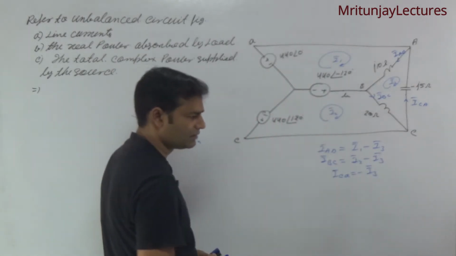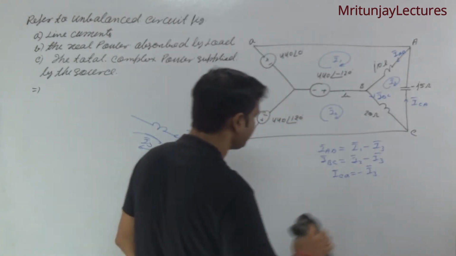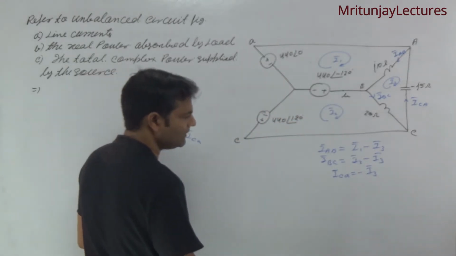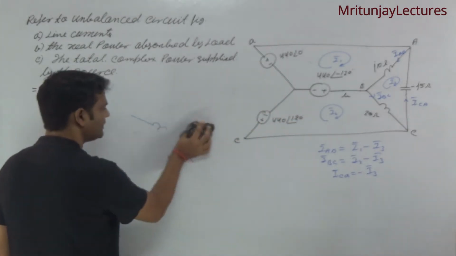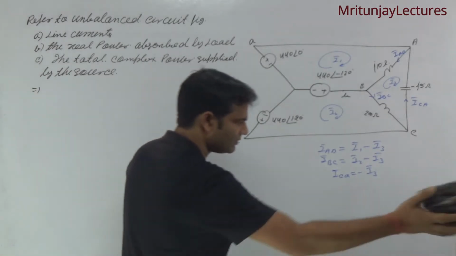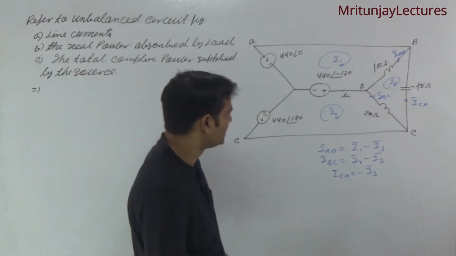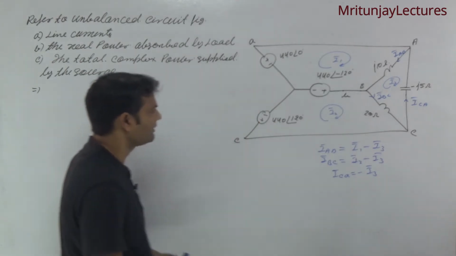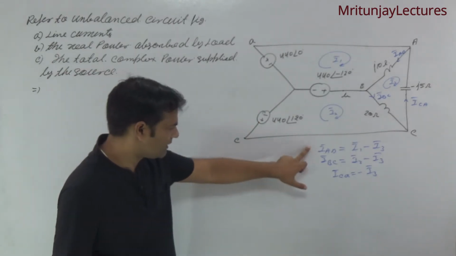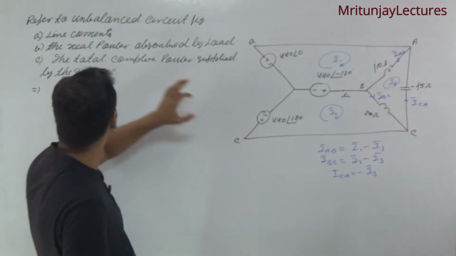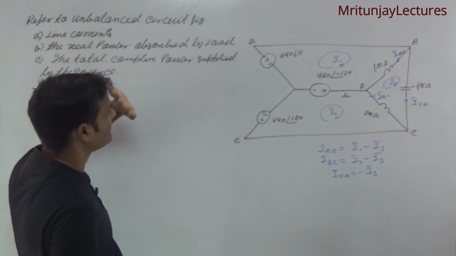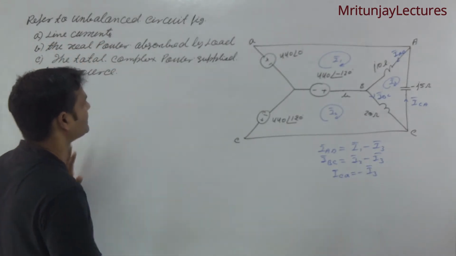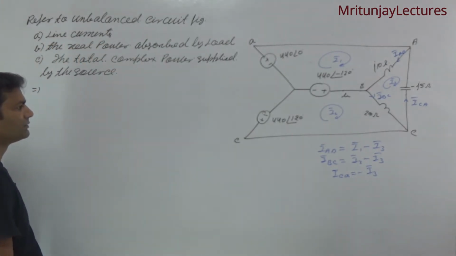Okay, clear or not? So our motto, this is I1, I2 and I3. Now determine I of AB, I of BC, I of CA, because in the question we are focused on line current also.